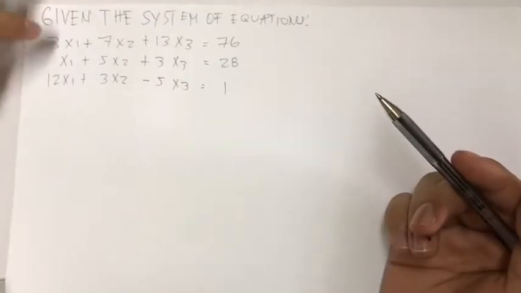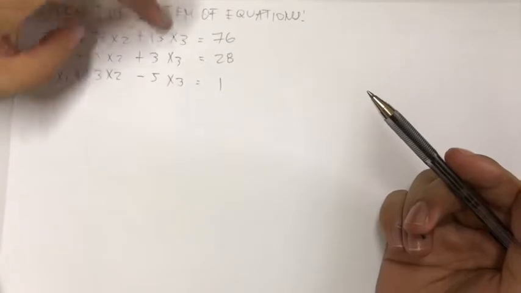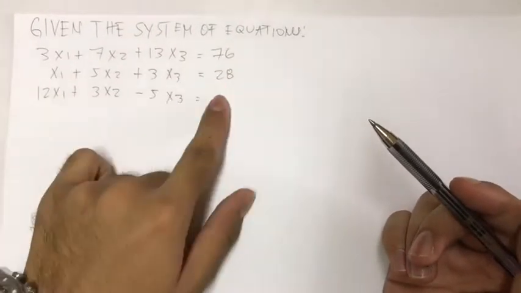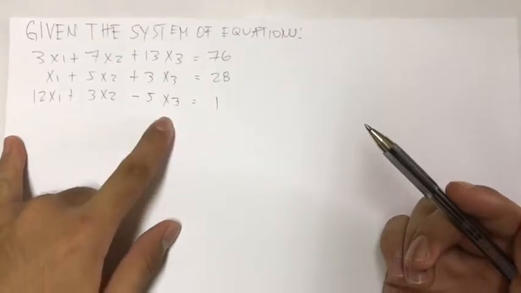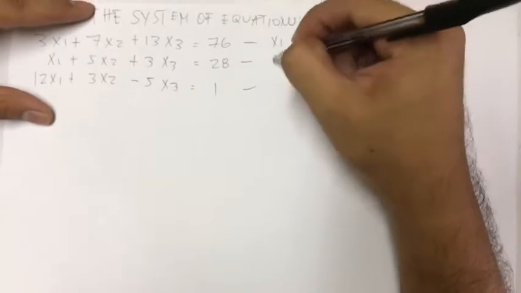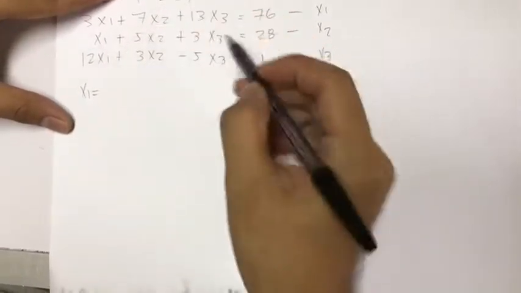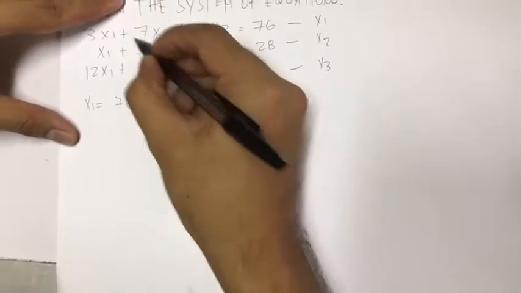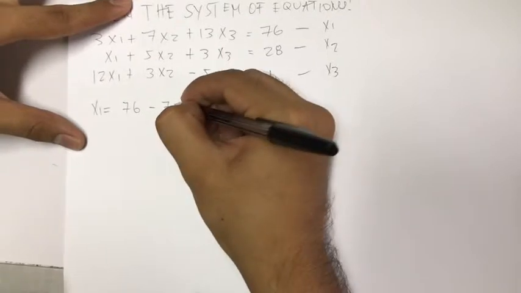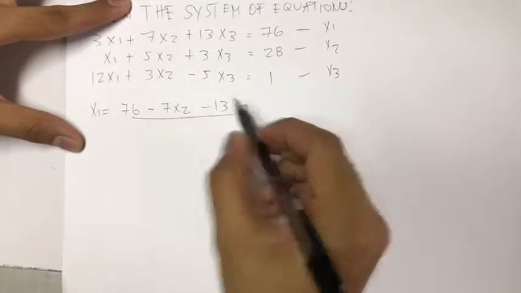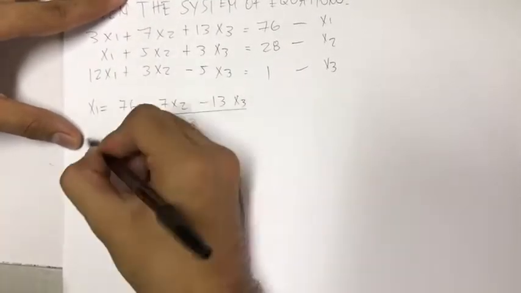Given the system of equations 3x1 plus 7x2 plus 13x3 is equal to 76, x1 plus 5x2 plus 3x3 is equal to 28, 12x1 plus 3x2 minus 5x3 is equal to 1. So we must first solve this equation for x1, x2, and x3. First, x1: we transpose all the values, so 76 minus 7x2 minus 13x3, all over the coefficient of x1, which is 3.